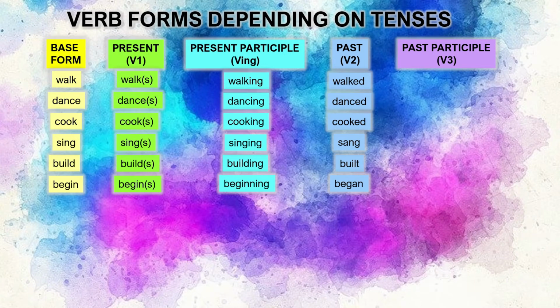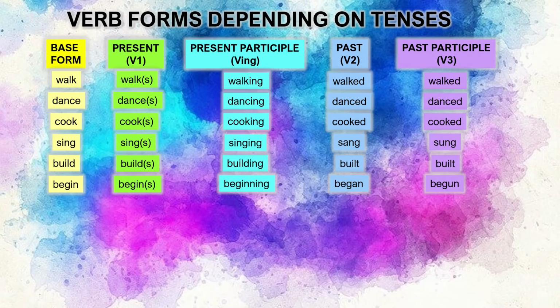And the past participle is called verb 3. It also comes in some forms ended with suffix ed, and some come in a different form. You see, some verbs end in ed, but some verbs change the form, like sing becomes sang and sung, build becomes built and built, and begin becomes began and begun.